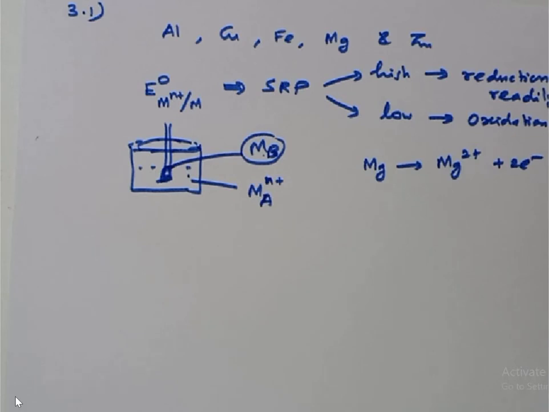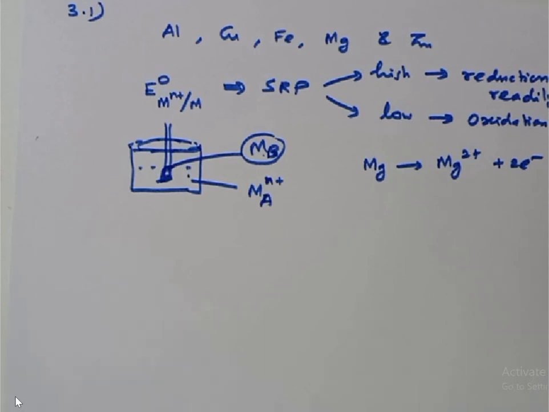For that you have to see the SRP value. If SRP value is low, that metal undergoes oxidation readily. If the metal undergoes oxidation, then it can replace the other metal ion present in the solution. Is this clear? Yes, sir.